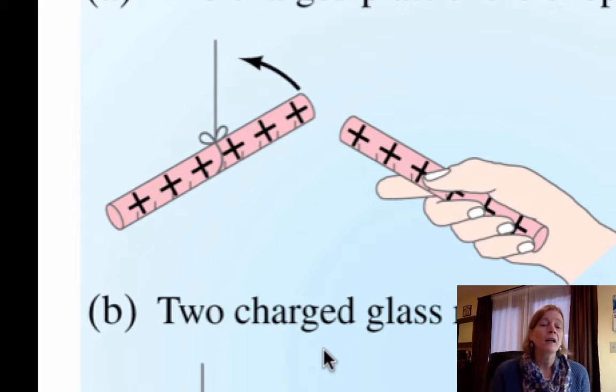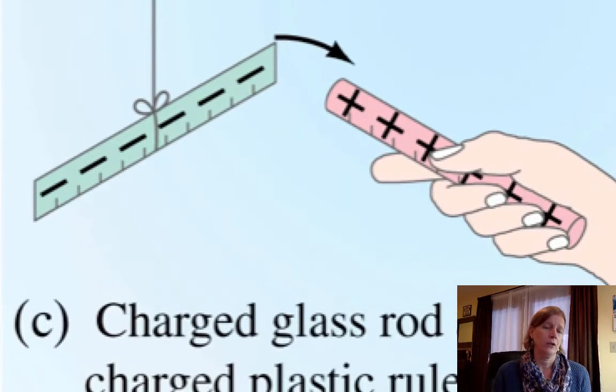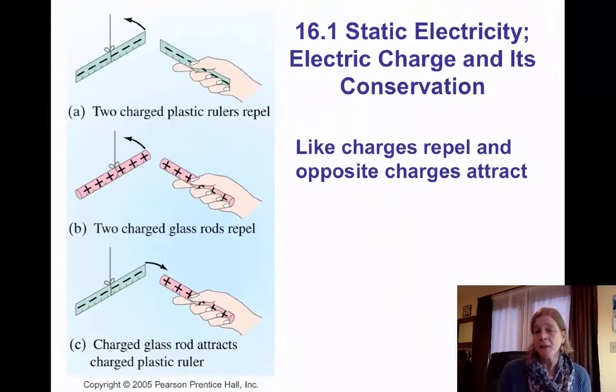But if we bring two oppositely charged objects together, opposites attract. So you bring a positively charged glass rod near a negatively charged plastic ruler, then the two attract. This negative ruler will swing towards the glass rod. So that's a really fundamental idea that you want to keep: there are just two types of charge, positive and negative, and opposites attract and likes repel.